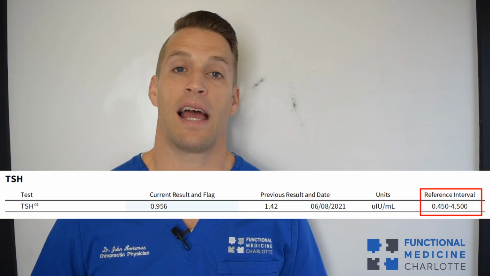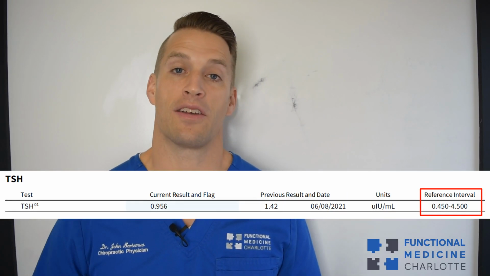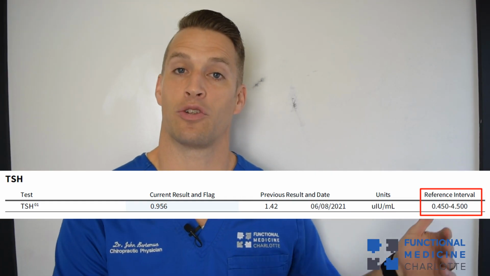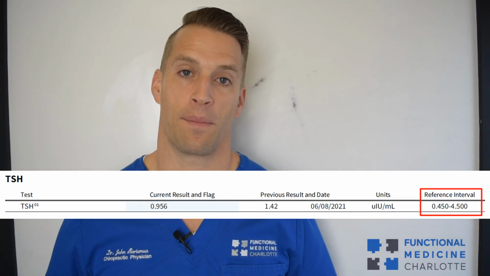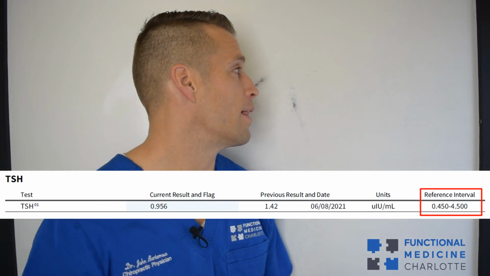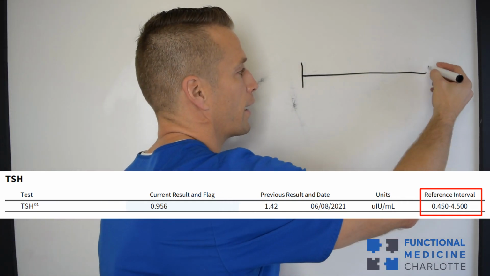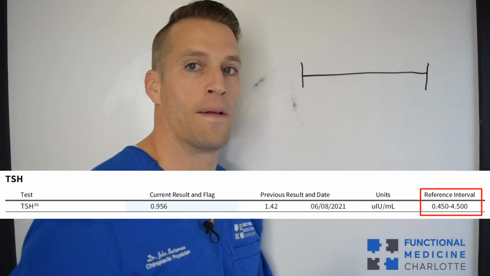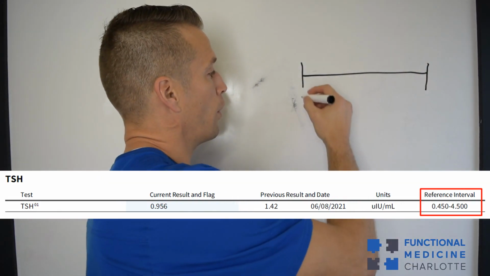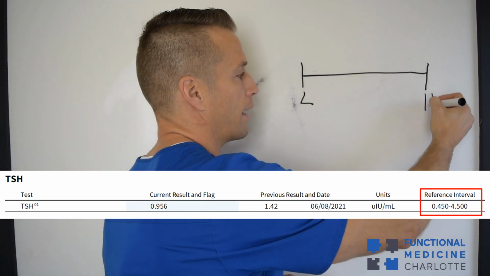You've all probably had labs run on you if you're watching this video, and you might realize that every lab run on you has your result and then has a normal reference range that your result is compared to. Now, that normal reference range would be drawn like this, okay? So you have a low end and you have a high end.